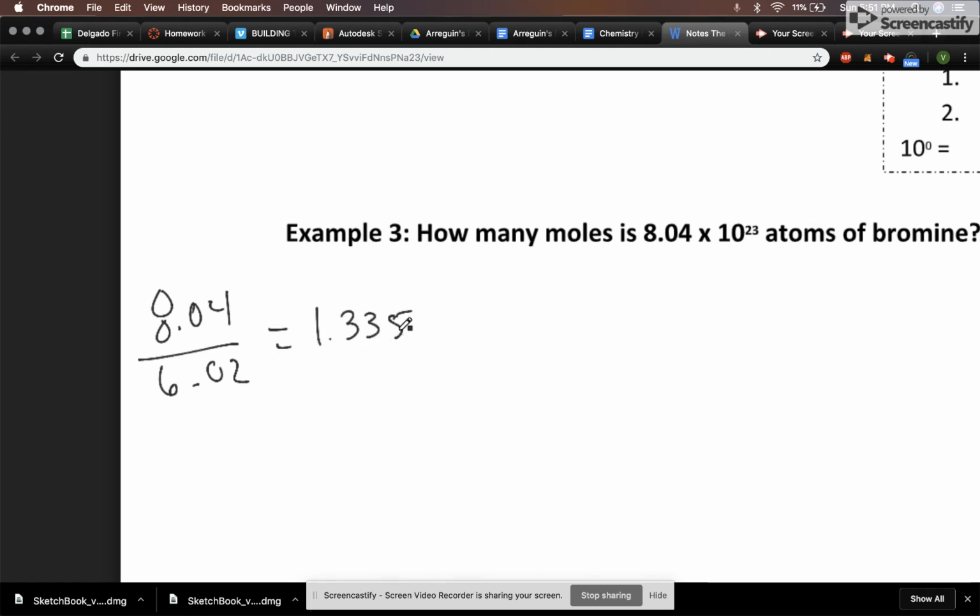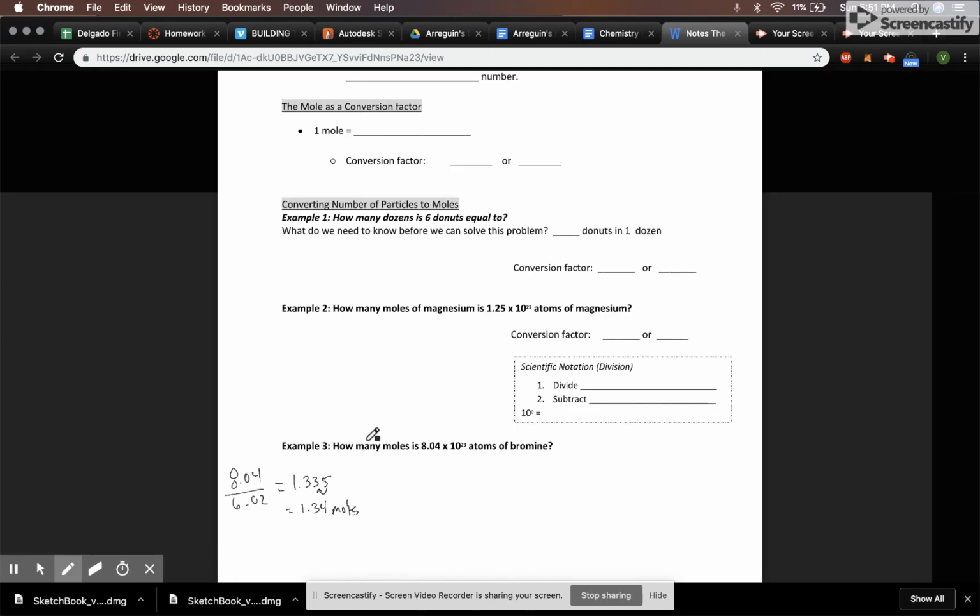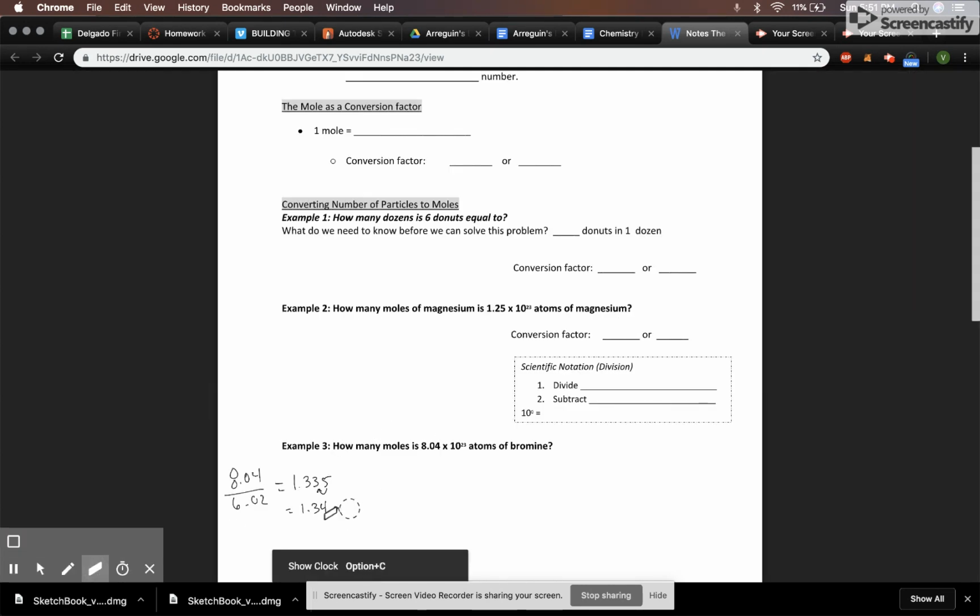Let's write out 1.335. In this case, I'm going to round this number, so this turns into 1.34, which rounds up because it's a 5 or more. And then this turns into moles. Come on, buddy. Let me make that a little prettier.